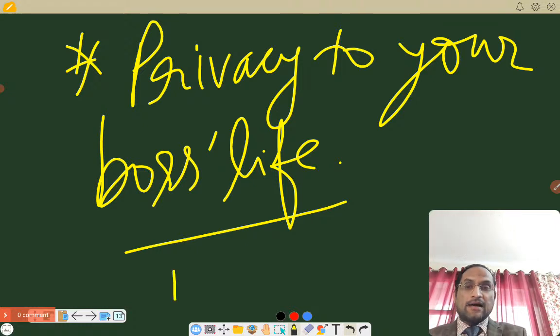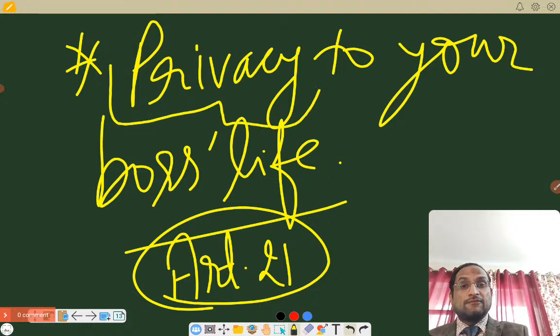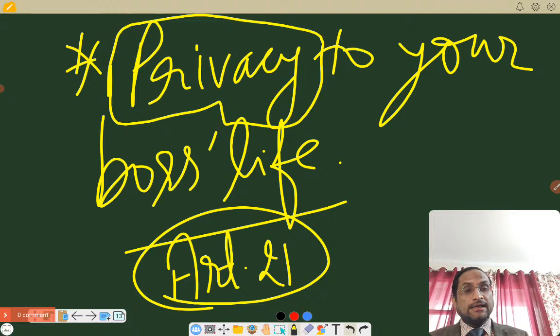You have also studied it, Article 21, right to life, personal liberty. In that, privacy angle is also involved. Privacy is their human right and you are giving respect to that.